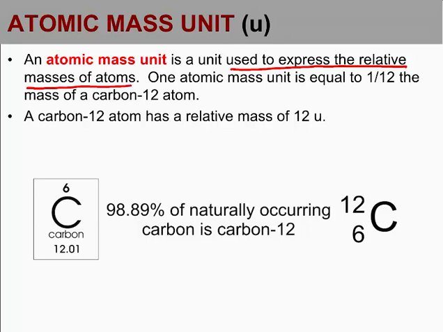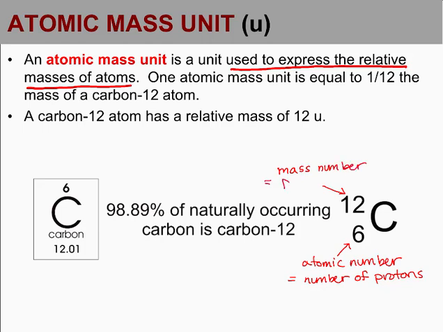So the symbol for carbon is capital C, and then the atomic number is 6. So that's also equal to the number of protons. And then the mass number is 12. And remember that that is equal to the number of protons plus the number of neutrons.